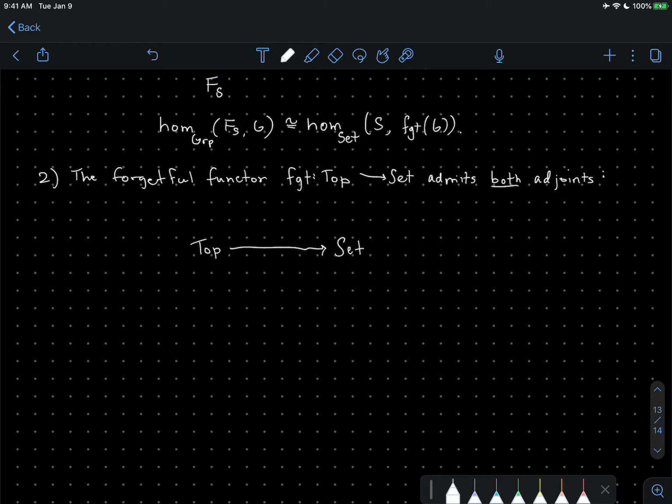The left adjoint to the forgetful functor takes a set S and maps it to S with the discrete topology. The discrete topology is where all sets are open.